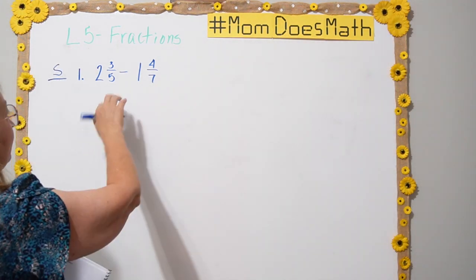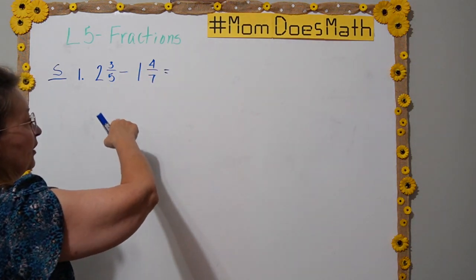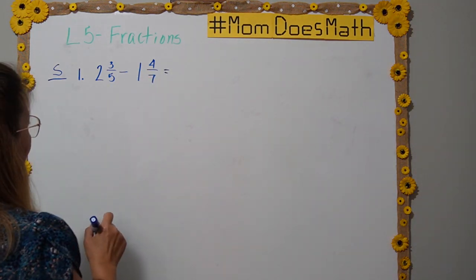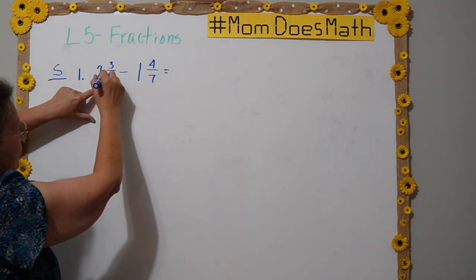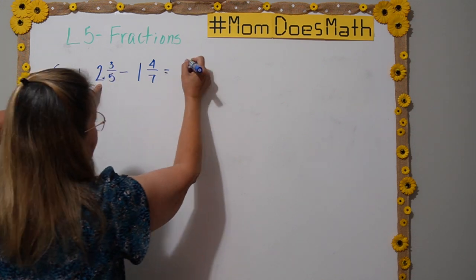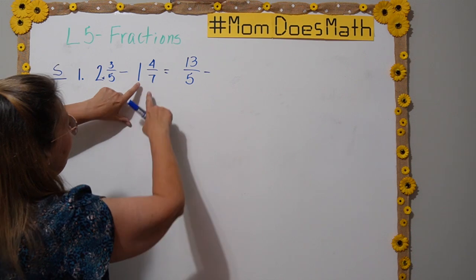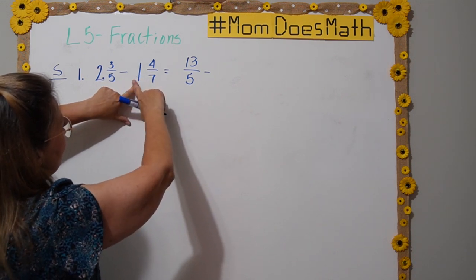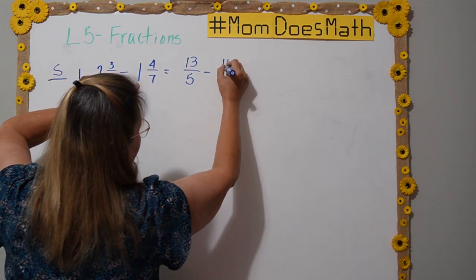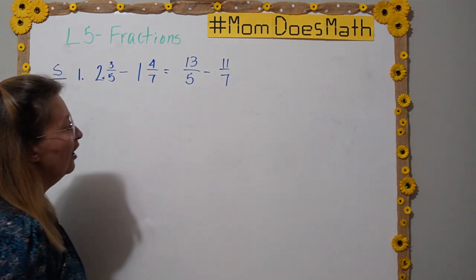So what I'm going to do first here is change both of these to an improper fraction. So 5 times 2 is 10, plus 3 is 13 fifths. Minus, and over here 7 times 1 is 7, plus 4 is 11. Now I need a common denominator.